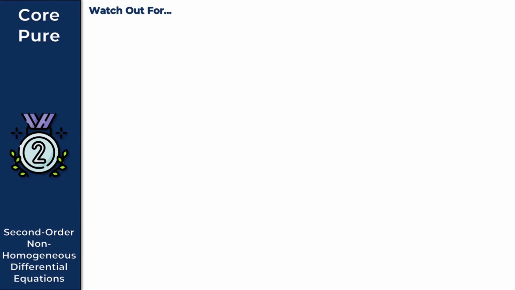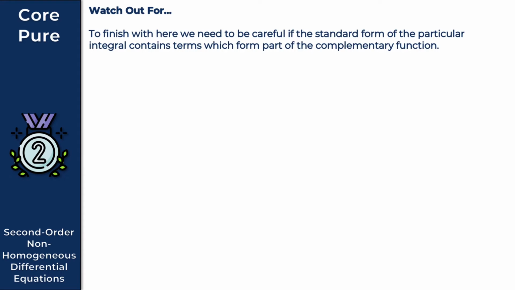Now before we work through an example together for second order non-homogeneous differential equations, there is just one thing that we do need to watch out for. We need to be careful if the standard form of the particular integral contains terms which form part of the complementary function.